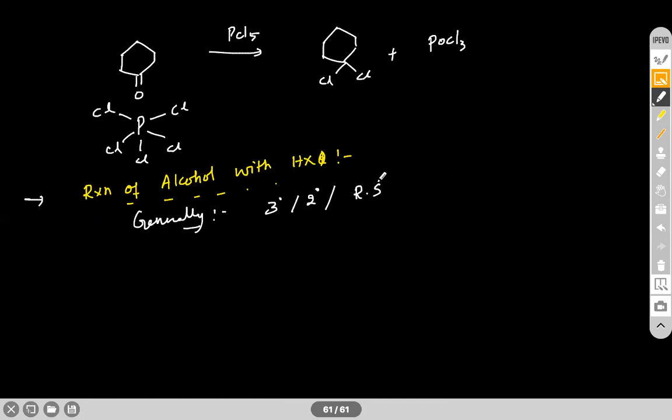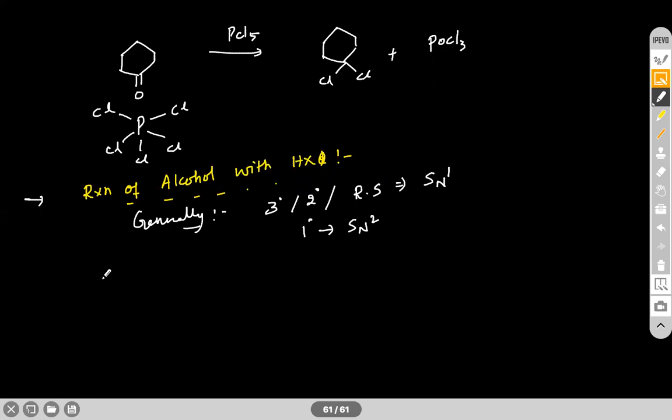It's not resonating structure, it's resonance stabilized. If this is the condition of the alcohol, then the reaction mechanism is SN1. But if it is 1 degree alcohol, then it is SN2, which we know already.